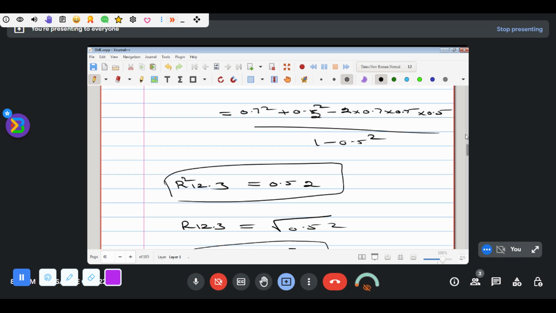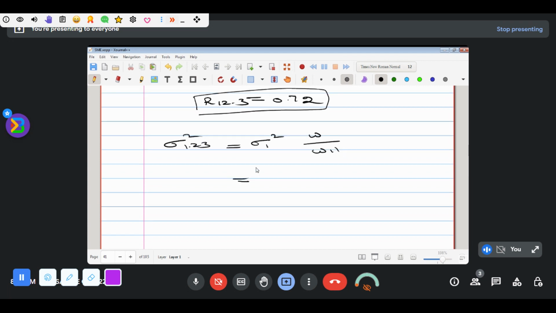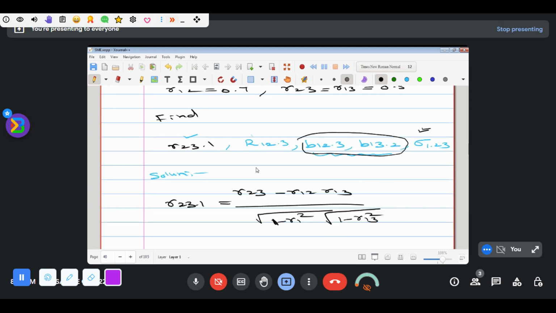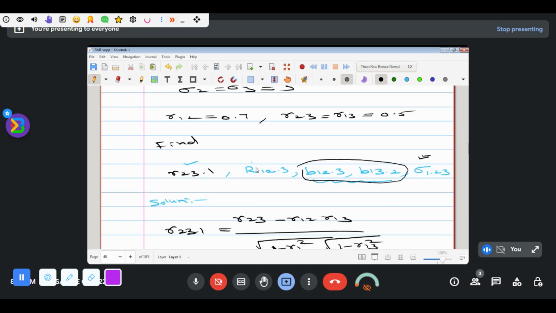Therefore, sigma 1.23 squared equals sigma 1 squared into omega divided by omega 11. That is equal to sigma 1 squared. Sigma 1 squared is 2, and the remaining result is also there. Just apply and simplify.